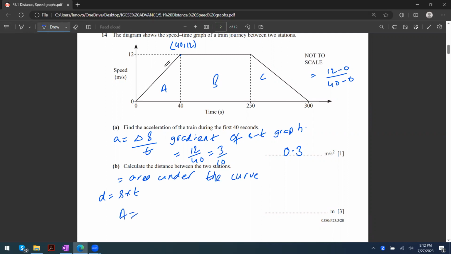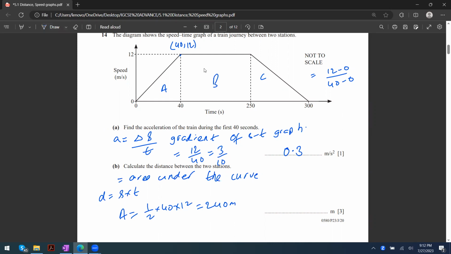So A is a triangle, 1 by 2 times 40 times 12, 240 meter.